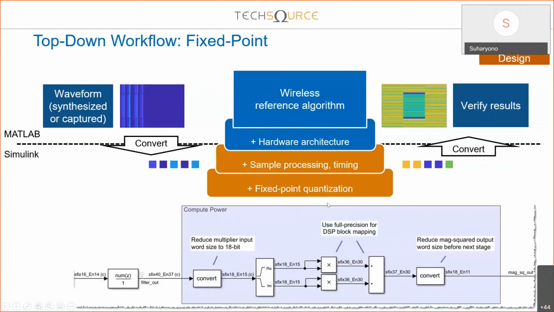At each stage of this conversion, we can easily verify again with our golden reference, the floating-point algorithm, to see how accurate it is and whether it still meets the error tolerance for our system.